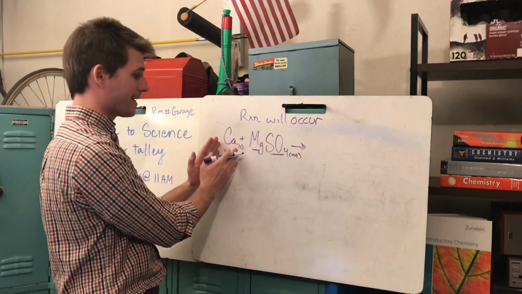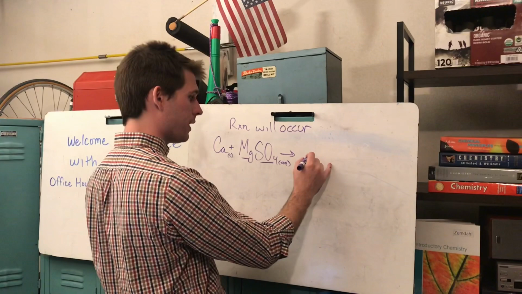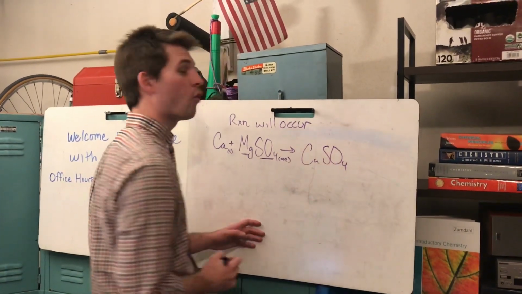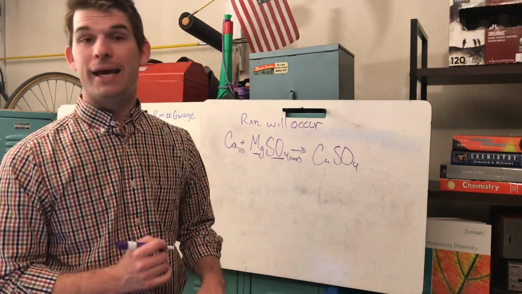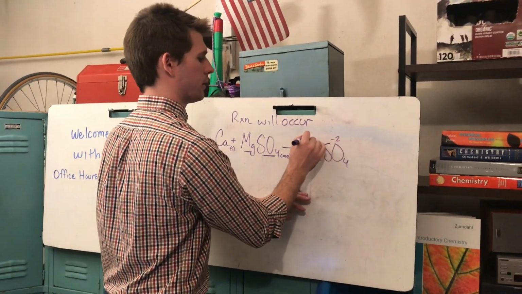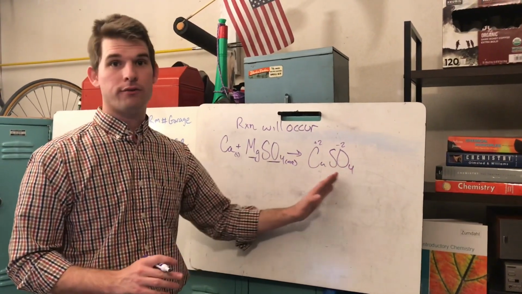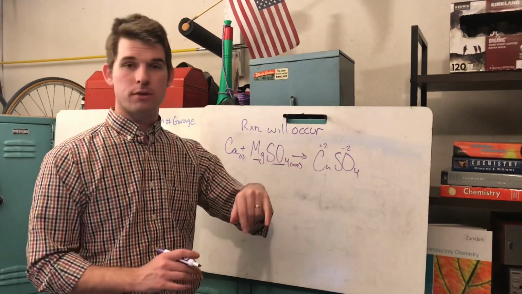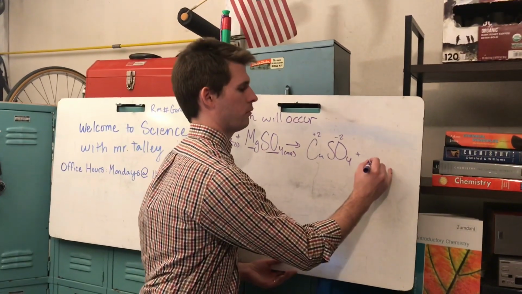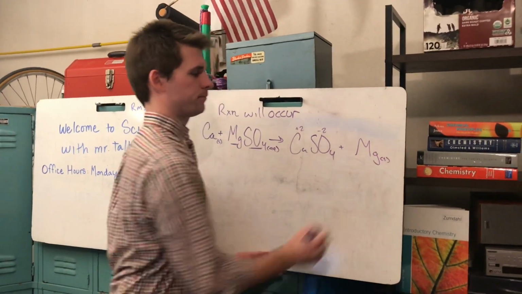You're going to combine the calcium metal with the sulfate anion. So we'll end up with calcium sulfate, CaSO4. And because sulfate has a -2 and calcium has a +2, we just need one of each. So when I write the formula, I don't need any extra subscripts anywhere. And we'll also have magnesium solid.